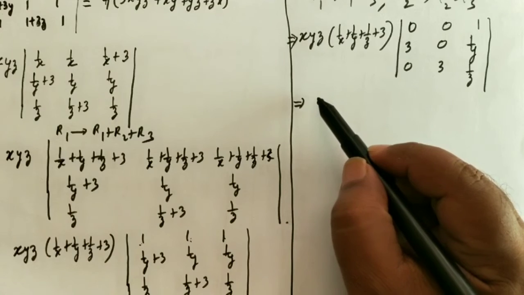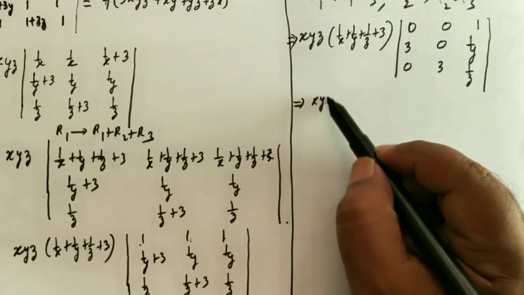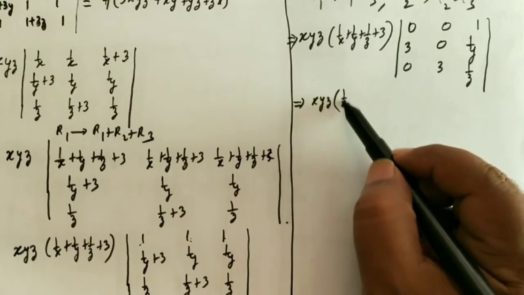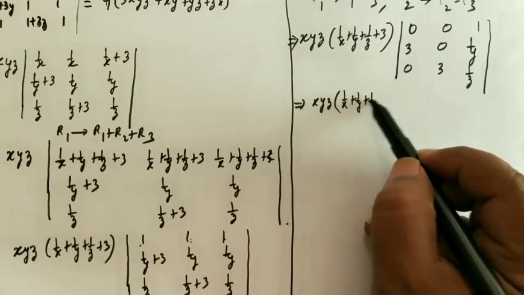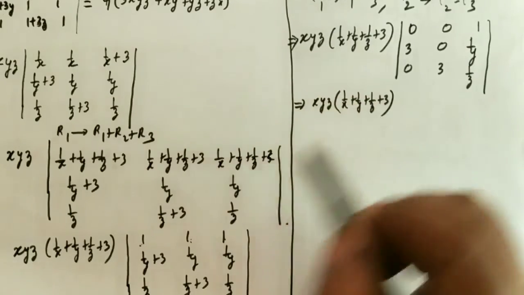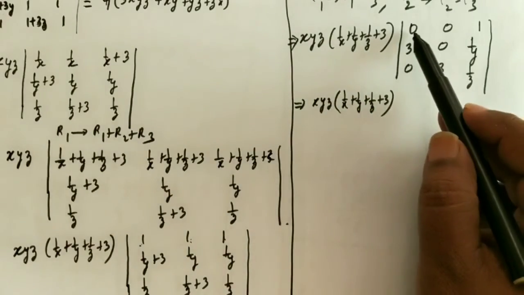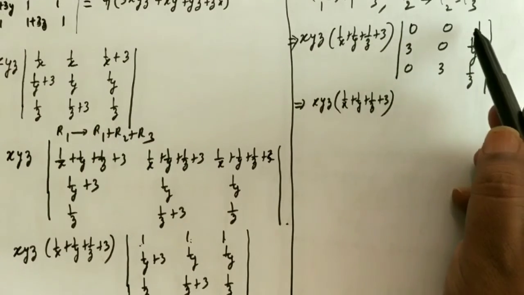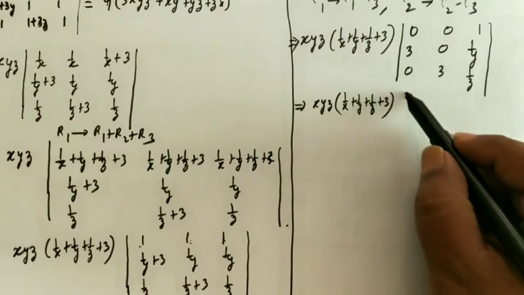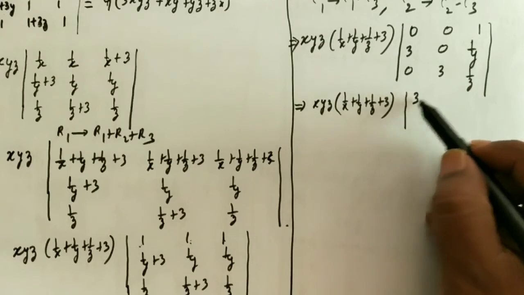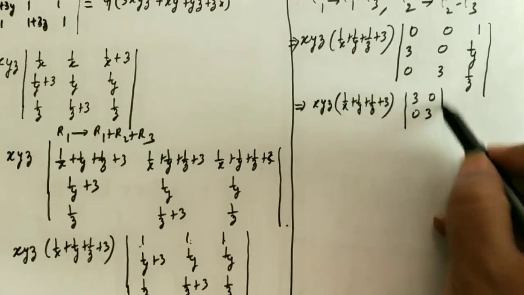Now x, y, z, this is 1 by x, 1 by y plus 3. I'll expand along the first row. So first row and third column is out. What is left is 3, 0, 0, 3.